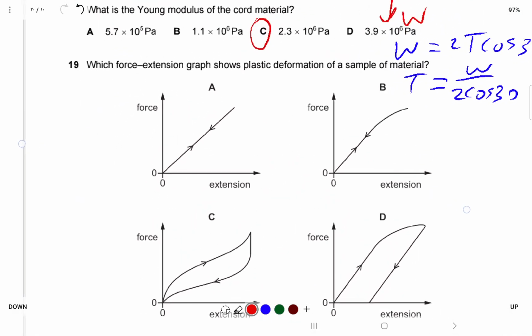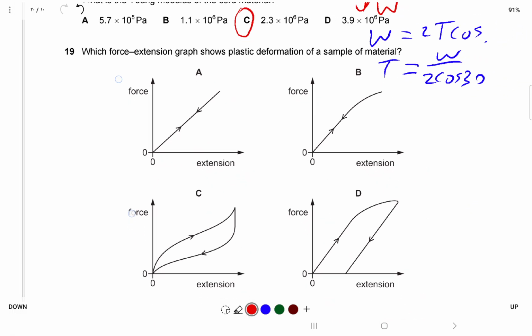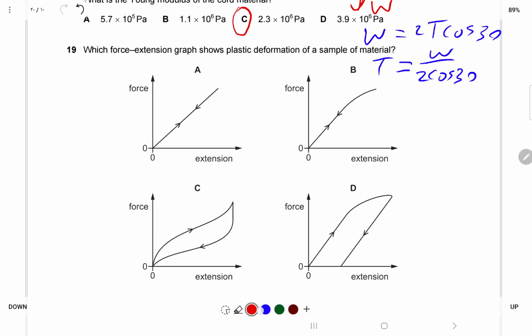Let's now continue. Which force extension graph shows plastic deformation of a sample of material? Plastic deformation is when the wire or the spring does not return to its original shape after removing the load, while elastic deformation is when you remove the load and the wire returns to its original shape.